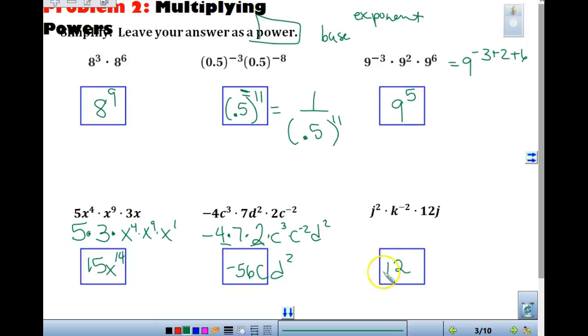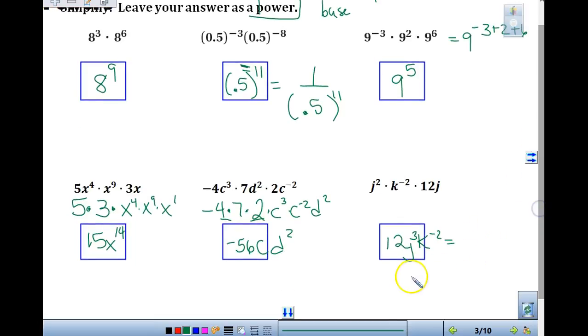So if I am looking at that, Kylie, what'd you have? j to the 3rd and k to the -2. And so now with positive exponents, I'm going to rewrite it, Reese, and I'm going to have 12 times, wait, we already simplified it to j to the 3rd.